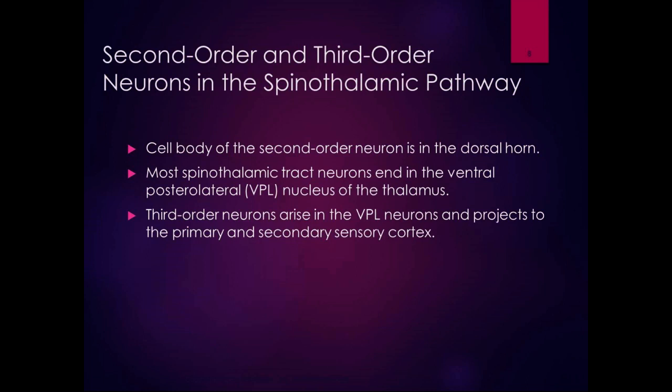If the boss is available, then it might pass on the information. It passes on that information via the third order neurons to the primary and secondary sensory cortex. And the primary and secondary sensory cortex process the information and decide what we're going to do with it.